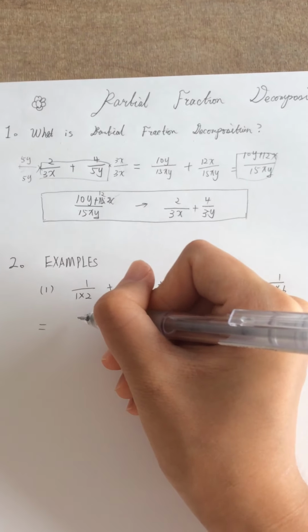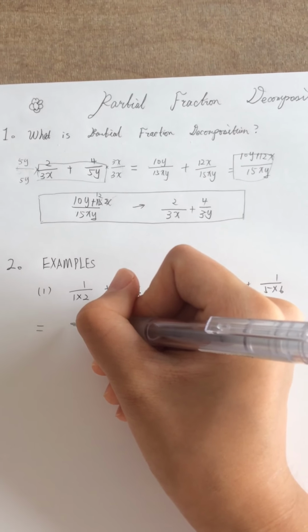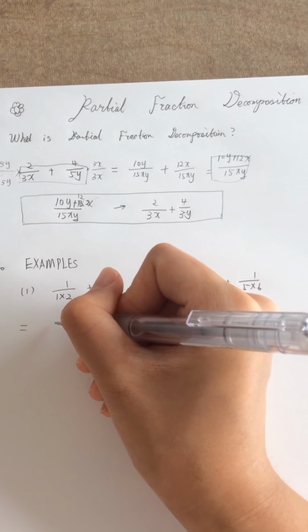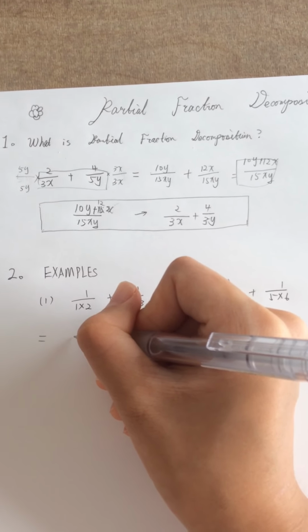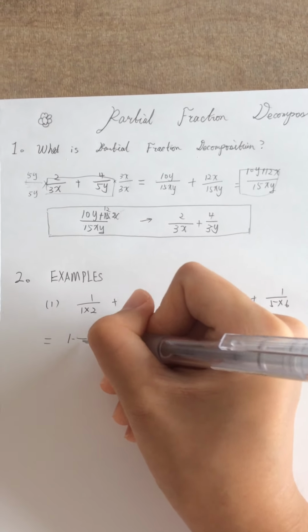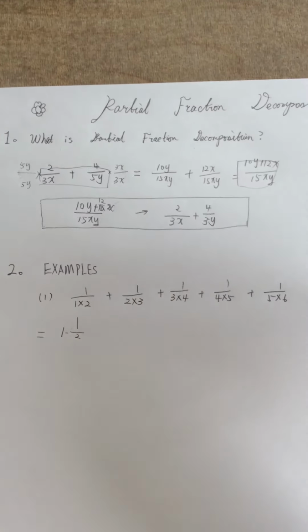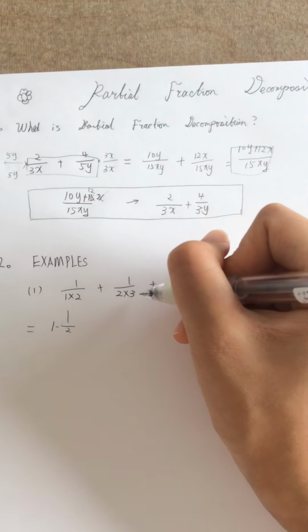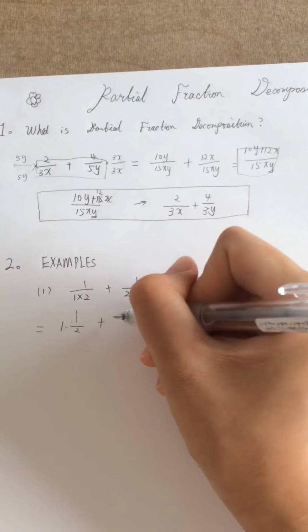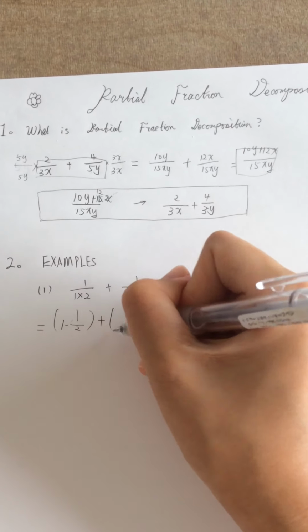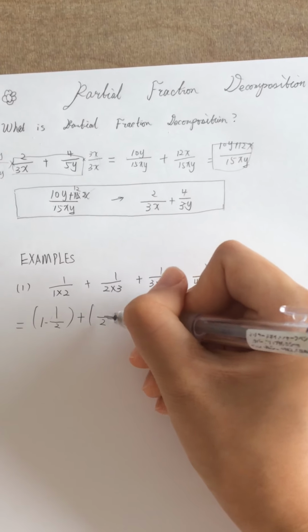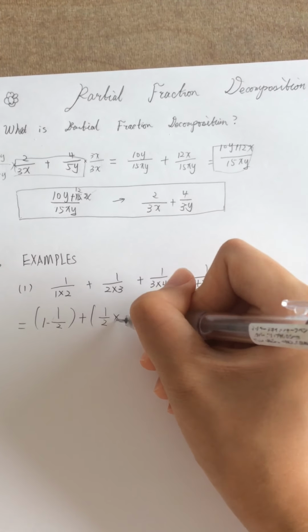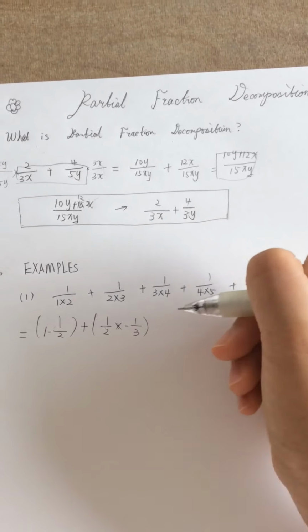1 over 1 multiplied by 2, we can decompose as 1 minus 1 over 2. And for 1 over 2 multiplied by 3, we can decompose it as 1 over 2 minus 1 over 3.